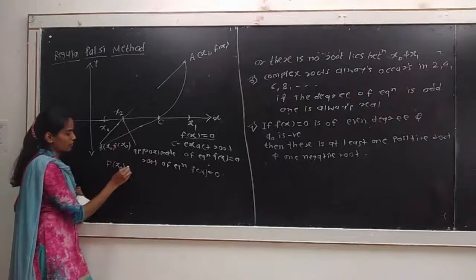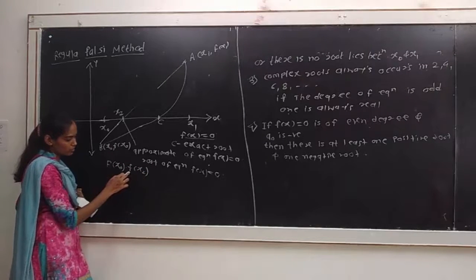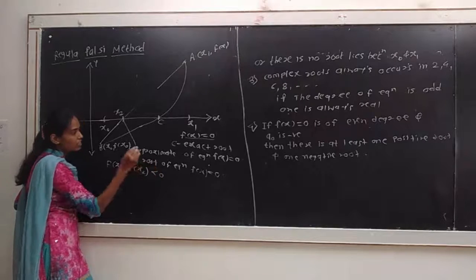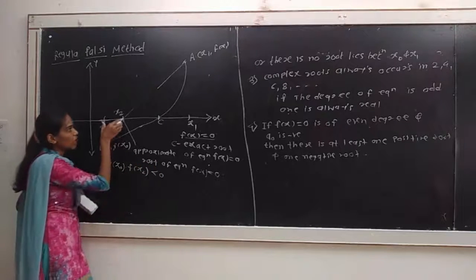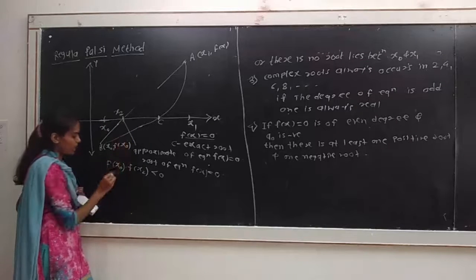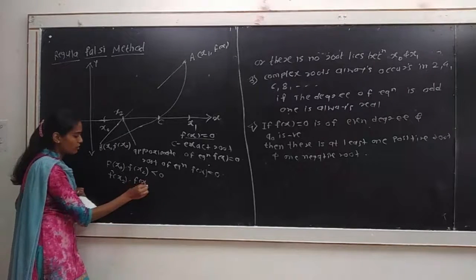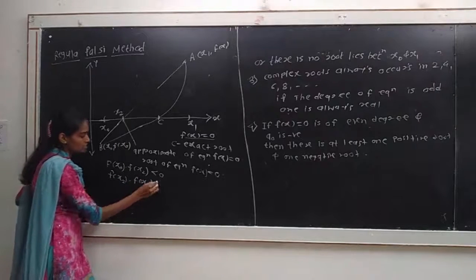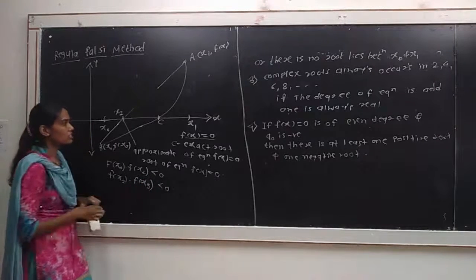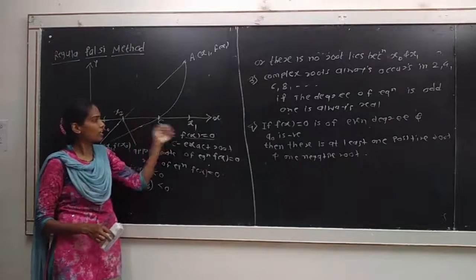We find the product of f of x0 and f of x2. If it is less than 0, the root lies in that interval; otherwise, if the product of f of x2 and f of x1 is less than 0, the root lies between x2 and x1.